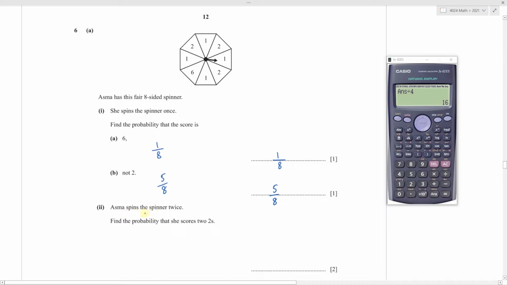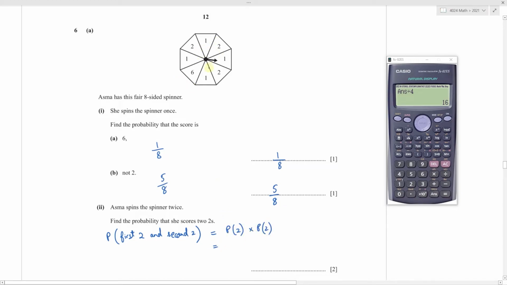Asma spins the spinner twice. Find the probability that she scores two twos. So that means the probability that she gets a 2 first. On the first spin she gets 2, and on the second spin she also gets a 2. So which is equal to the probability of 2 multiplied by the probability of getting a 2.